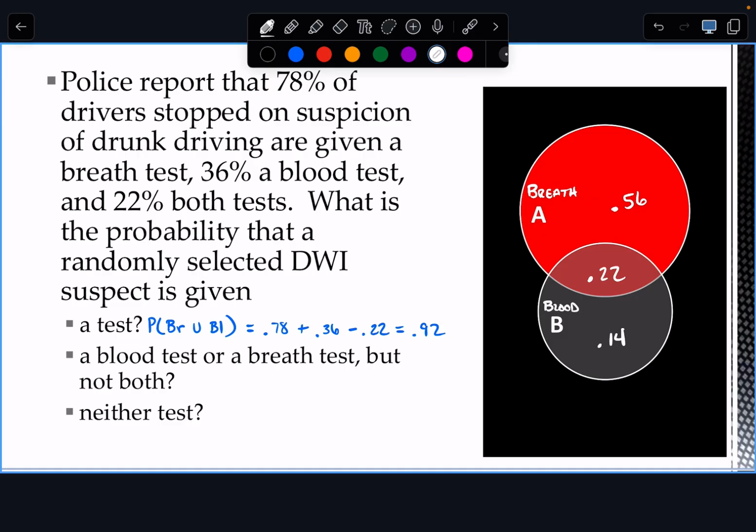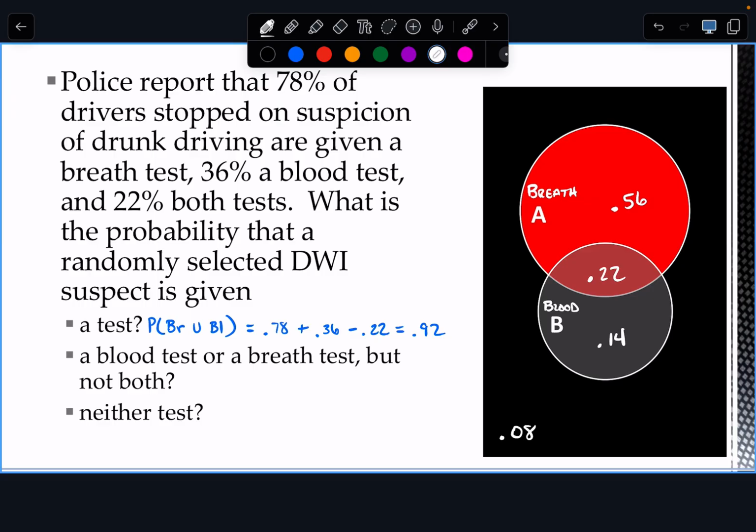So how can I use these percentages we already filled in to calculate the percent of people that didn't get any test whatsoever? Add them up and subtract from 1. Use the complement rule. These are all the people that got a test. If I subtract those from 1, that should tell me who didn't get a test. So if I subtract those from 1, we get 8% of people that didn't get a test at all.